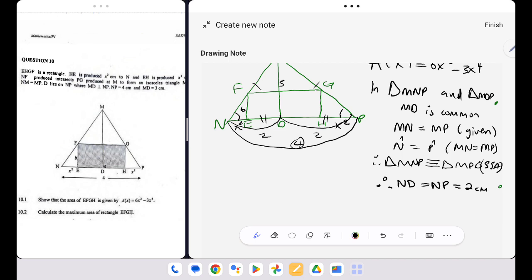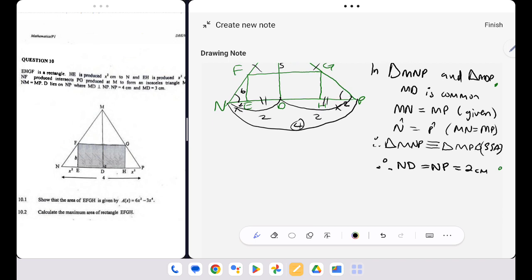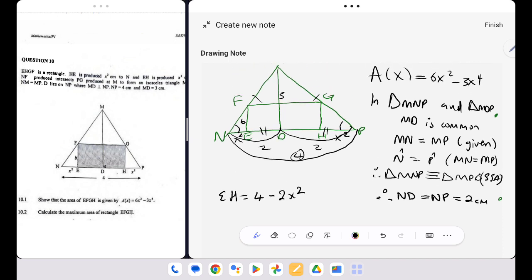For me to find the area, I must find the length of EH. EH is simple because I know the entire length is 4, but outside I have x squared and x squared on the other side, so it's 2 of the x squared I must subtract from the 4 to get the length of EH.